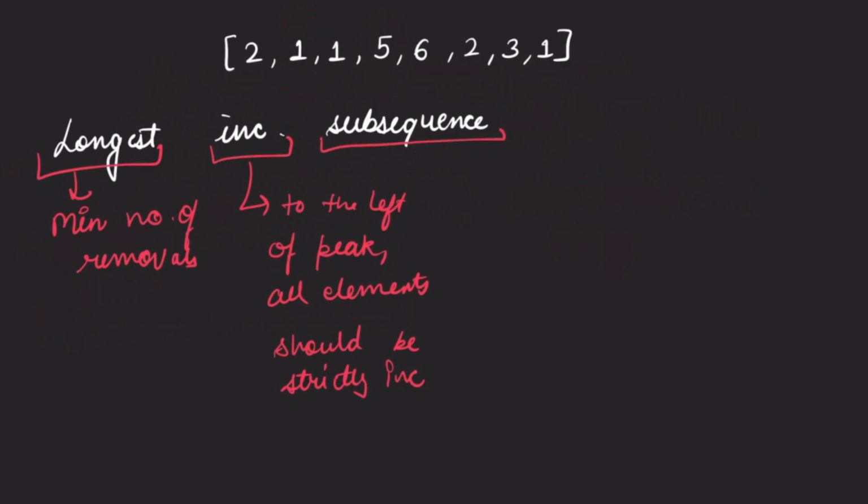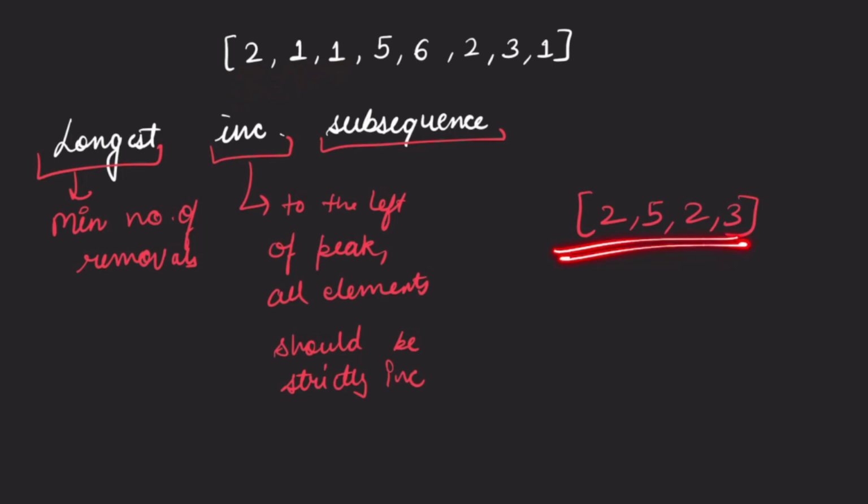Then why subsequence? So first let's understand what a subsequence is. A subsequence is nothing but some elements from your array which may or may not be contiguous while maintaining the relative order of the array. Meaning, one of the subsequences of this array can be, let's suppose I take 2, then I can take 5, and then let's suppose I took 2 again, and then 3. So basically we can take any element from this array.